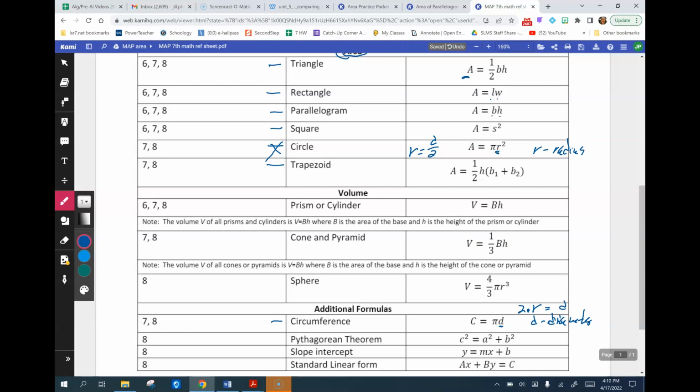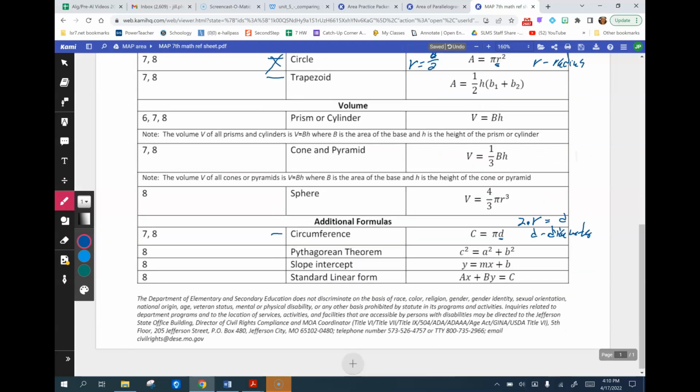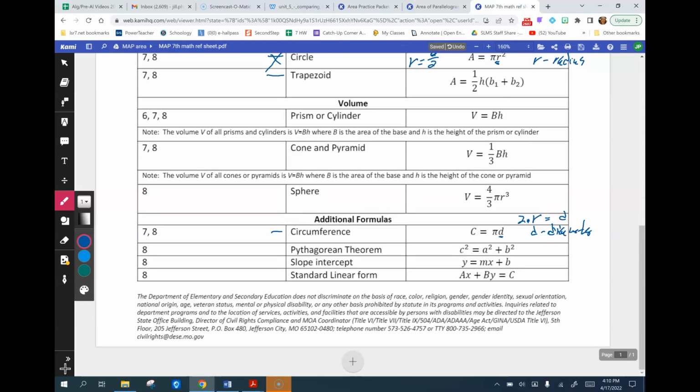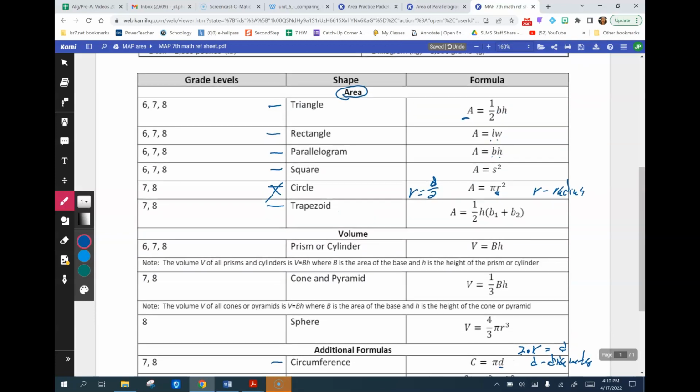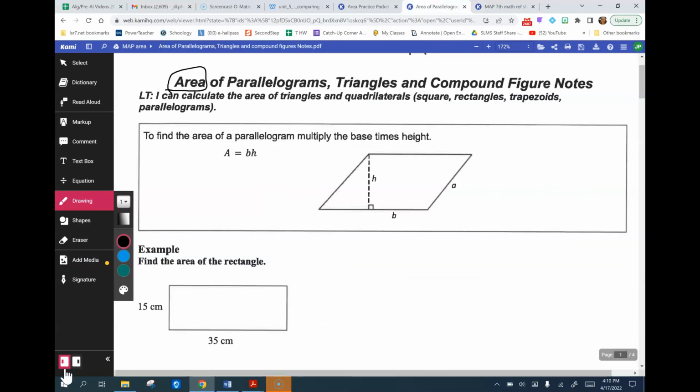But if I don't, I have to take the diameter divided by 2. And for circumference, if I have the diameter, yay, but if not, I can take the radius times 2 to get the diameter. And you're going to have that on your homework, and I just wanted to refresh your memory. So the main thing that we're going to work on today and for the next couple weeks is how to use a formula. So let's go back to today's notes.